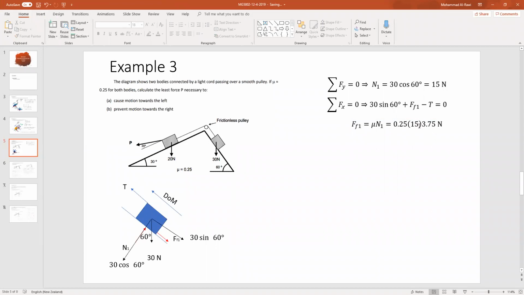Now we substitute that value, FF, in that equation, so we can determine the value for T. I'll repeat this equation. Instead of FF, we'll have 3.75, and now T. Can you tell me what's the value for T?